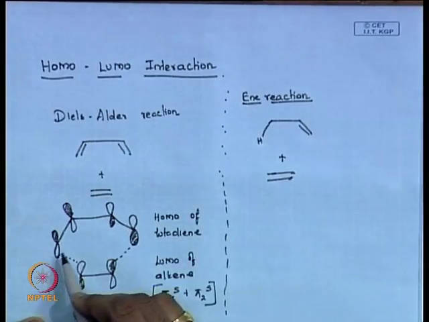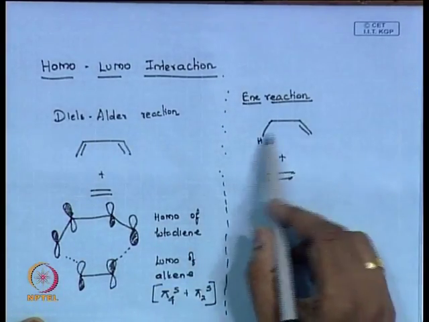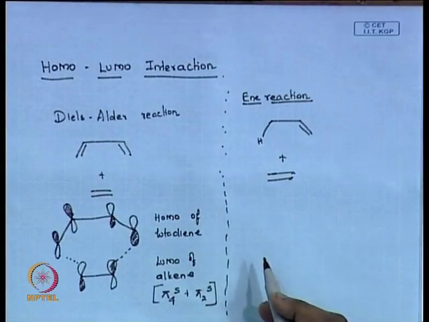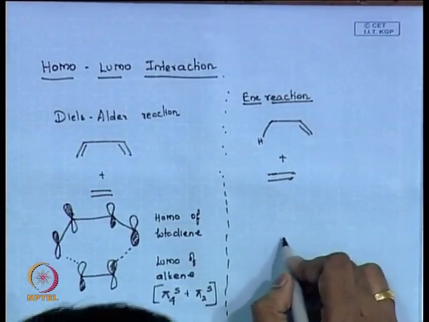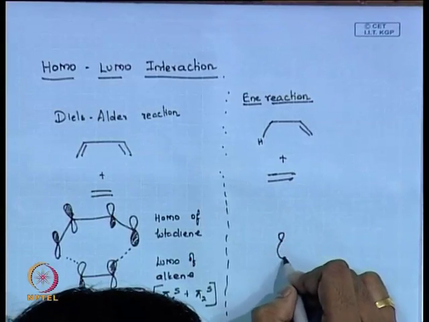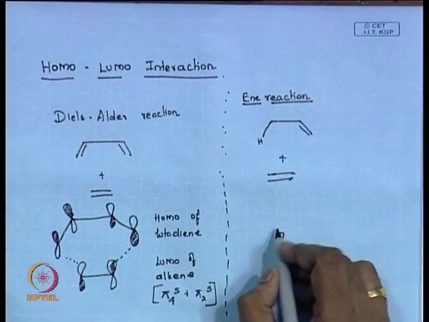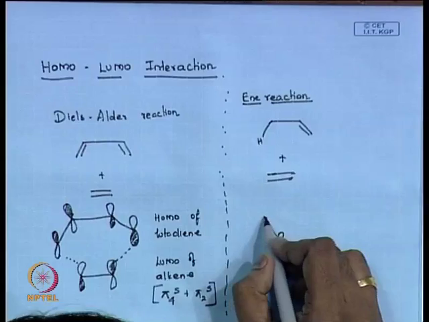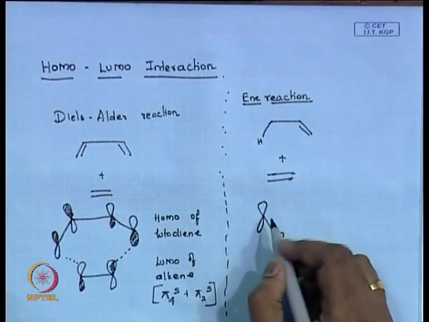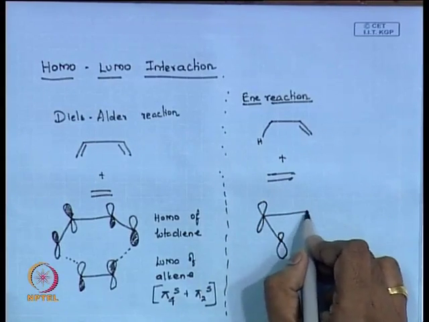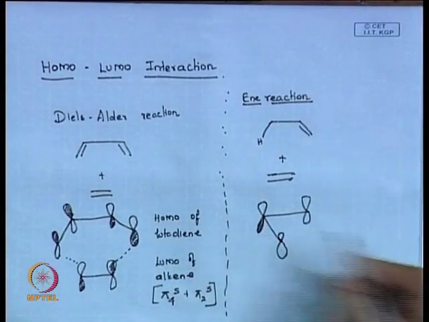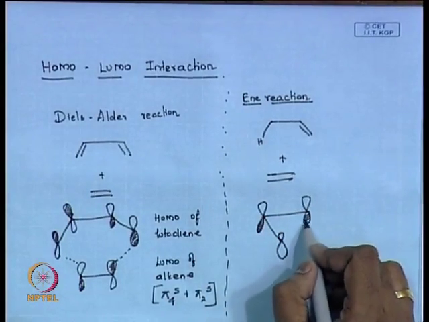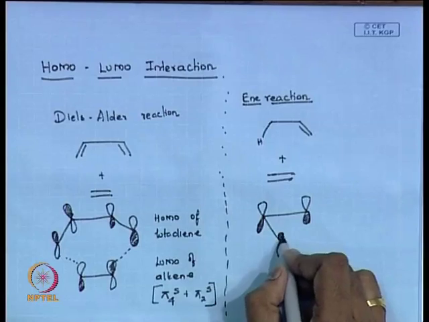Same way, since it is an allylic system, we will be taking the HOMO of your ene. Only one thing is that it has a hydrogen.